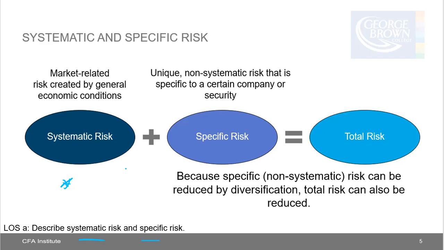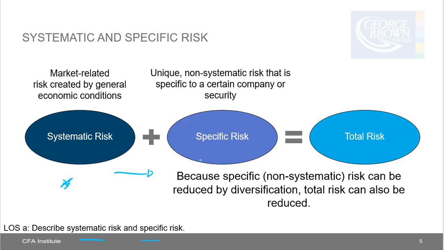If we move over here to specific risk, though, risk that is specific to a certain company or security is known as specific, idiosyncratic, non-systematic, or unsystematic risk. So those are some key terms when we're talking about specific risk: non-systematic or unsystematic risk.